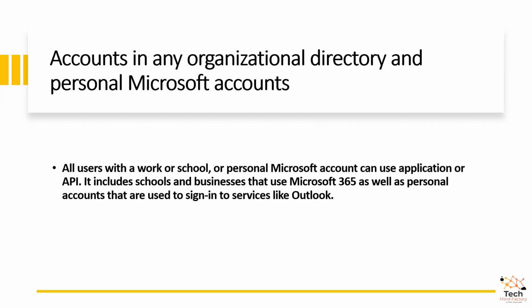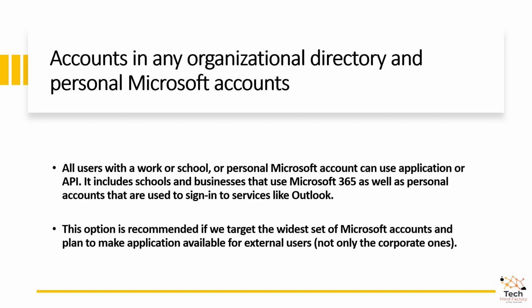Perfect. So now let's talk a little bit more about this third option. So accounts in any organizational directory and personal Microsoft accounts. So in this case, all users with work or school account or personal Microsoft account can use application or API. It includes schools or businesses that use Microsoft 365, as well as personal accounts that are used to sign in to services like Outlook.